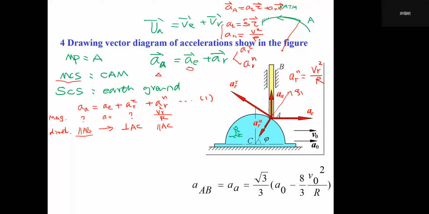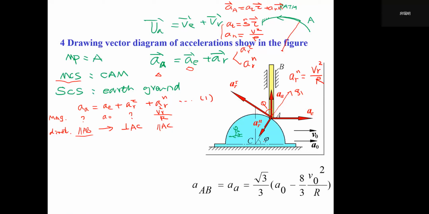From the same reason, this angle also should be phi, because this side is perpendicular to this side and this direction is perpendicular to this side. So here must be phi, right? Because this angle plus this angle will be 90 degrees, because it's just the same line CA here.